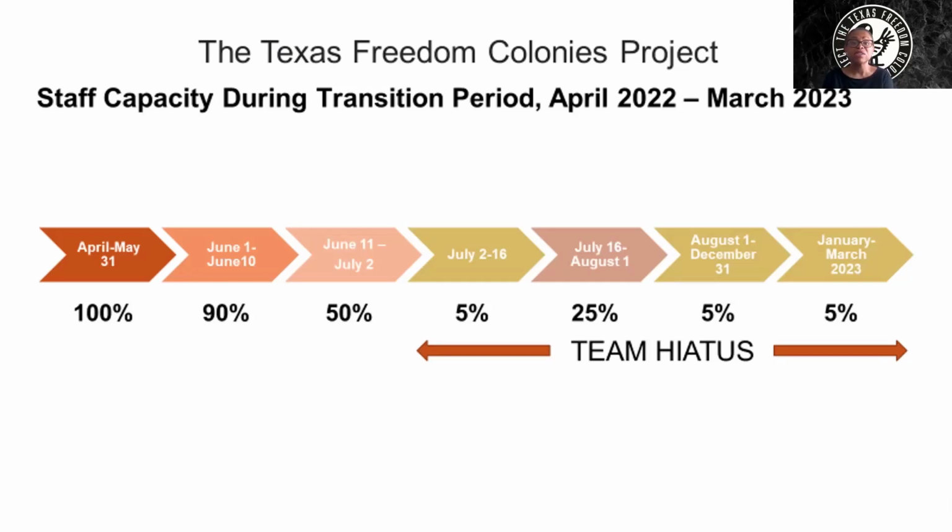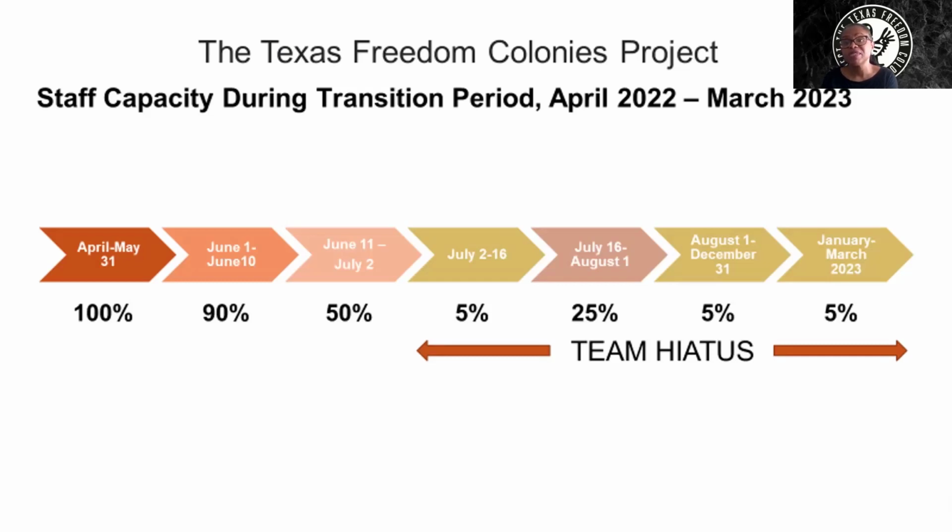July 16th to August 1st, we'll begin working again, but we'll be at a reduced capacity as well, and really focusing on how it is we help you become our eyes, ears, and arms, our ambassadors. So we'll be preparing a lot of material to make sure we continue our work even while we're in this transition period. And then we'll largely be in a hiatus.